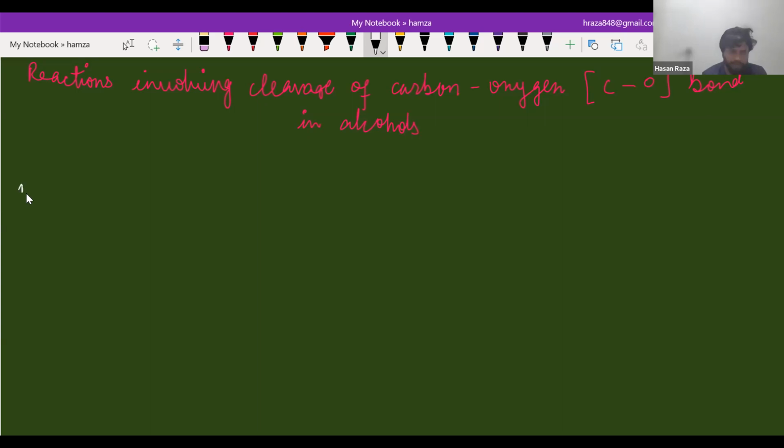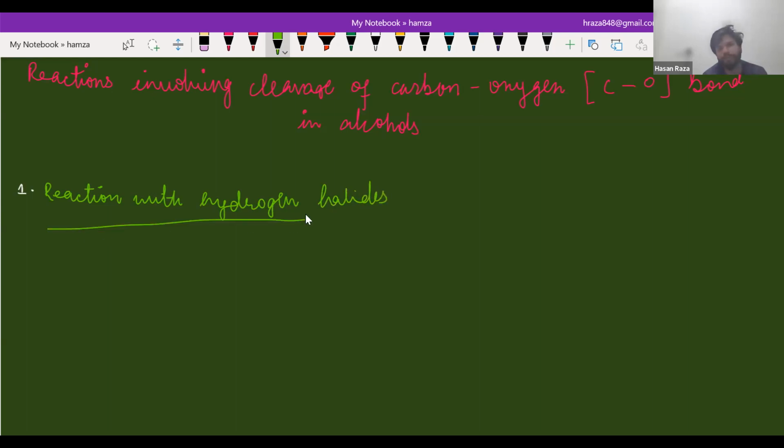So write a topic. We just completed the chemical reactions involving the cleavage of the O-H bond. Now we are going to study the cleavage of the carbon-oxygen bond. Here the first reaction is alcohol reacting with hydrogen halides, which we already studied in the previous chapter, preparation of haloalkanes from alcohols.